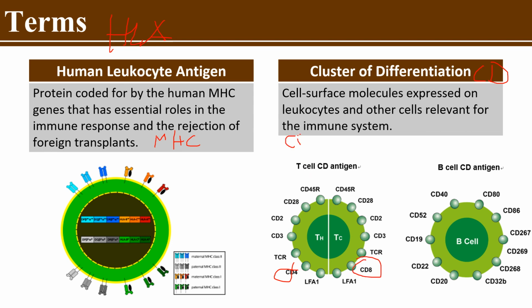Now, CD4 is also known as your T helper cell. CD8 naman is your cytotoxic T cells. Helper cells, cytotoxic T cells. So we'll discuss this further in the future topics.